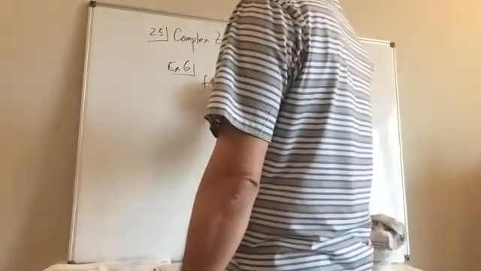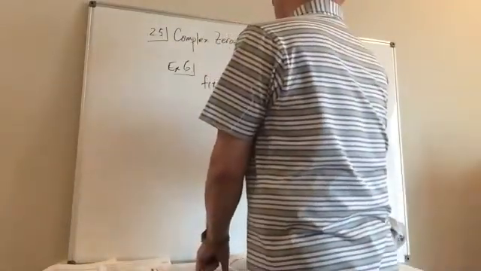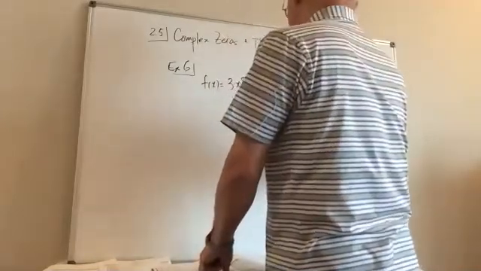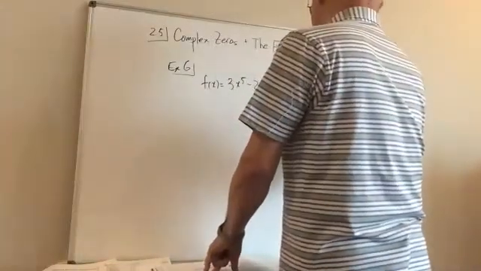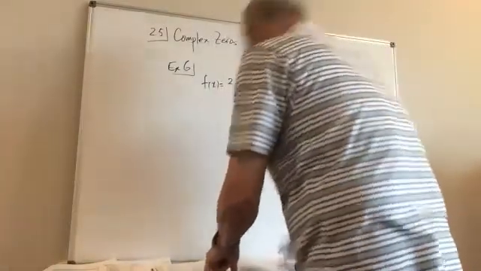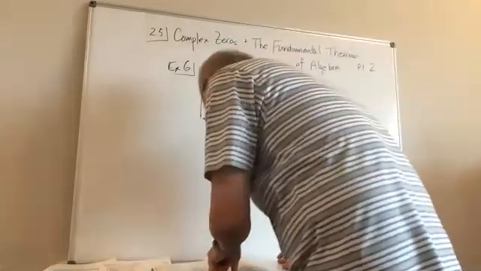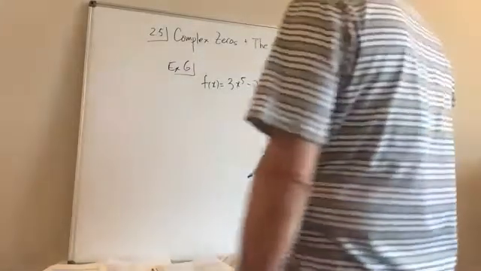So I have f of x equals 3x to the 5th minus 2x to the 4th plus 6x cubed minus 4x squared minus 24x plus 16.